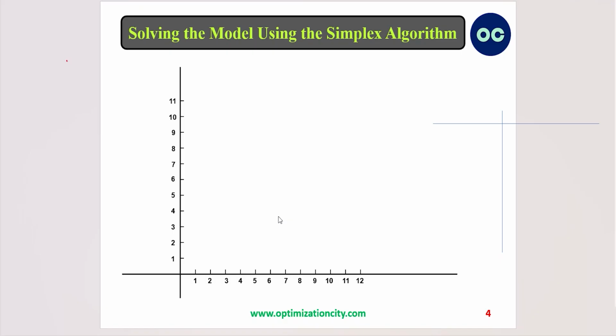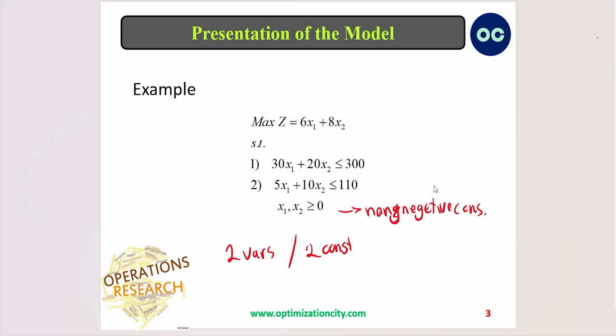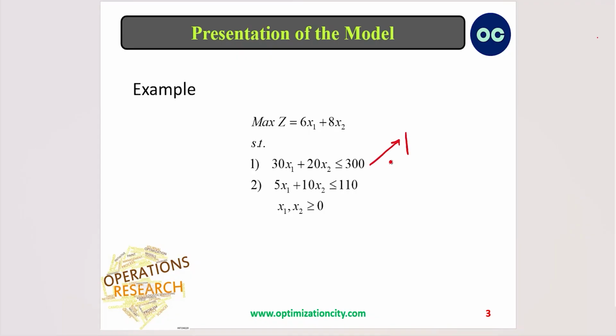To solve the model graphically, we first plot the feasible region. We start with the first constraint, 13x1 plus 20x2 is less than or equal to 300, which passes through points (10, 0) and (4, 9).